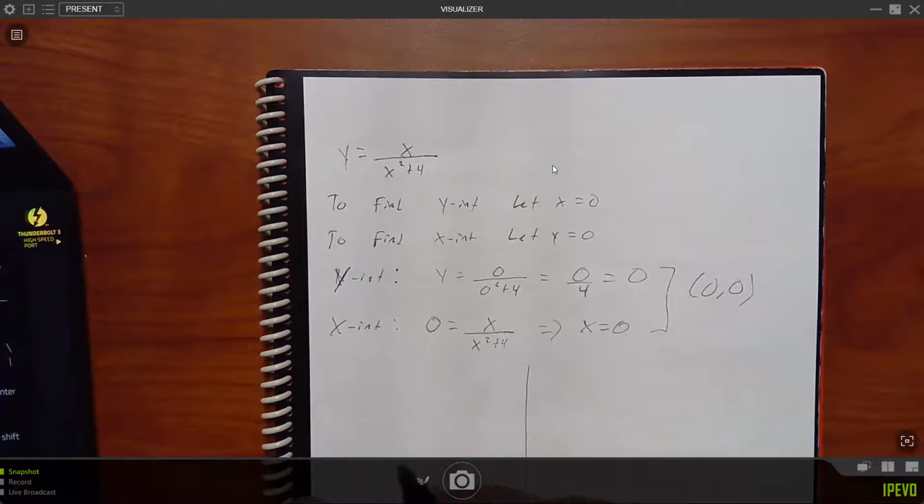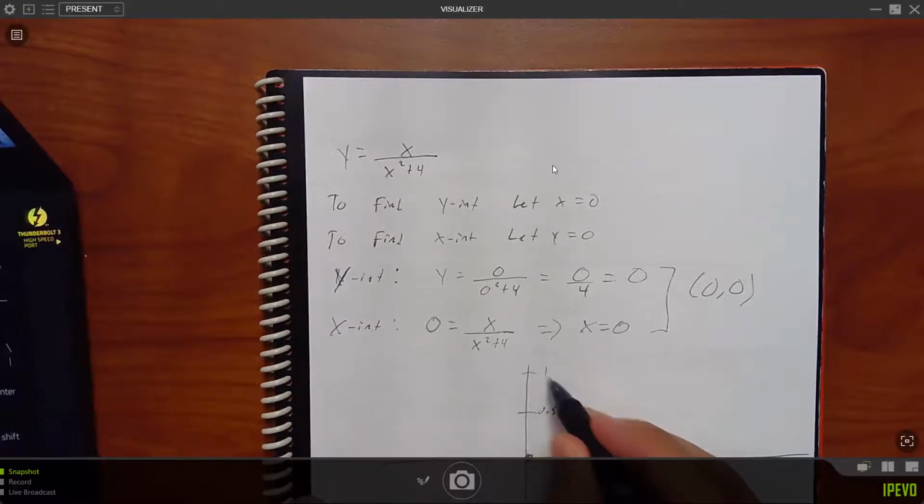So with this information, you can kind of sketch the graph. We have a point here, right? We have a maximum at 1/4, right? So let's say this is 0.5, this is 1.